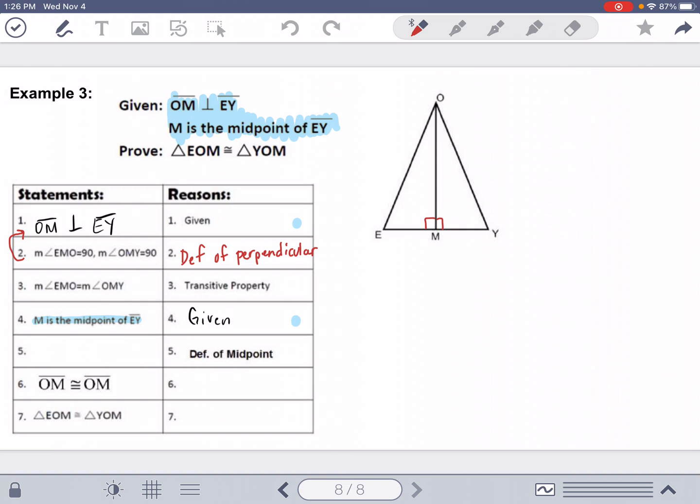And the number 3 tells me that the measure of EMO is equal to the measure of OMY. That's the transitive property. And here's how you can do that. EMO equals 90 and OMY equals 90. So then angle EMO equals angle OMY.